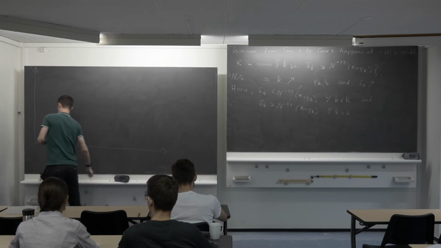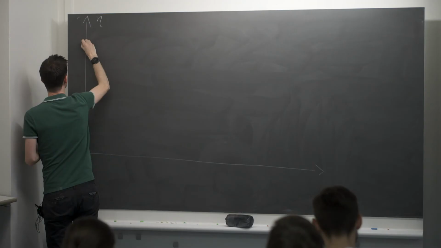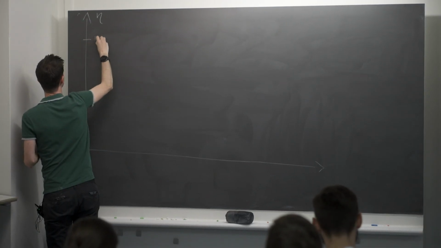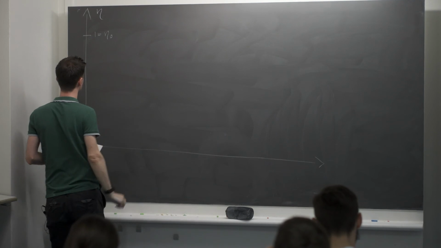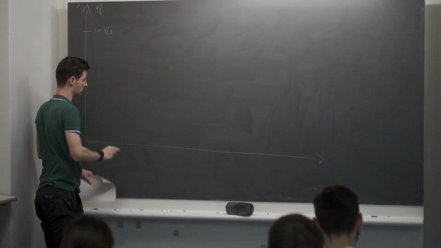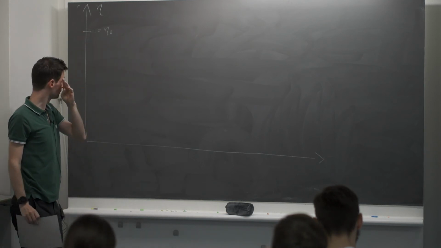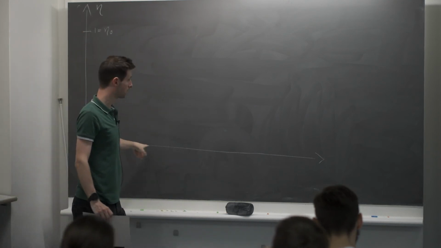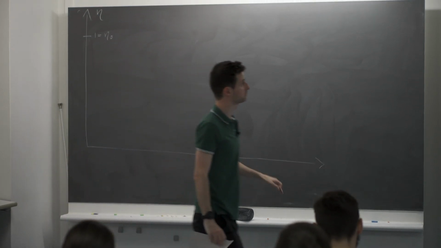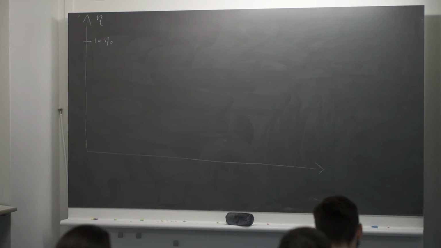I will draw eta on the vertical axis. I have my 1, which is equal to eta 0, and I will go down as k increases. And on the horizontal axis, I would like to draw the complex plane of my g and my m and m tilde.